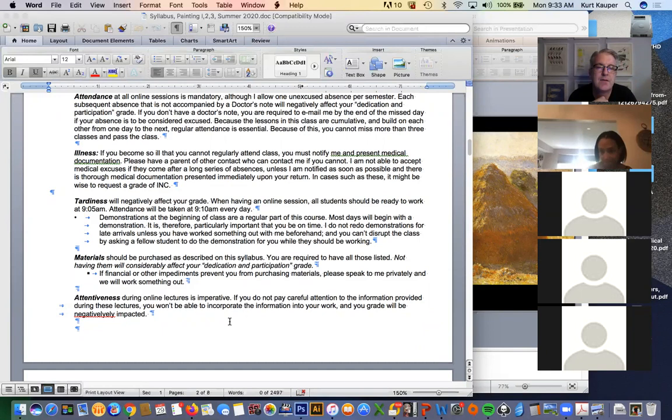If necessary, I would be willing to go there and get materials that I could give to people. Of course, you would have to meet me there. If anyone needs that, we have a lot of materials that have built up. But if there are any other financial impediments that prevent you from purchasing materials, just speak to me about it and we'll work something out.